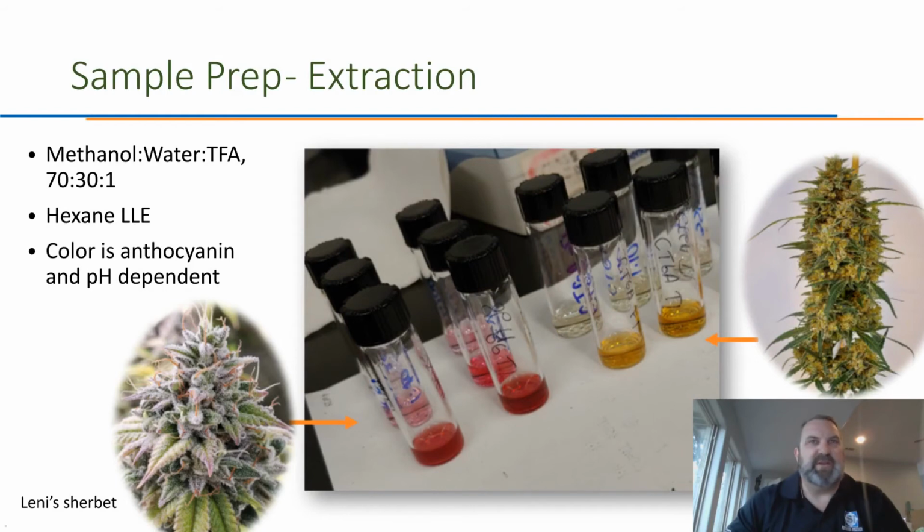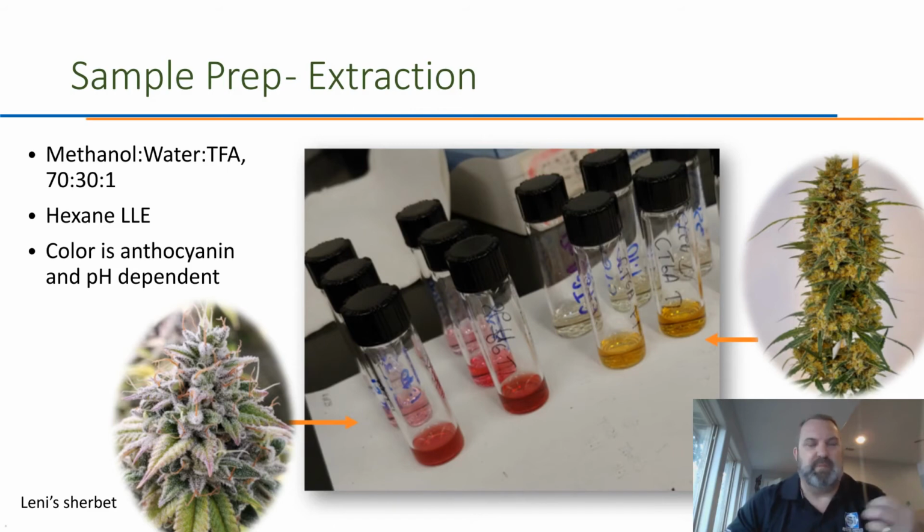We're just using a mixture of methanol and water with a little trifluoroacetic acid. We did find that because you co-extract some different waxes, those could have some deleterious effect on the separation downstream. So what we ended up doing is taking those extracts and defatting them a little bit by extracting with hexane.